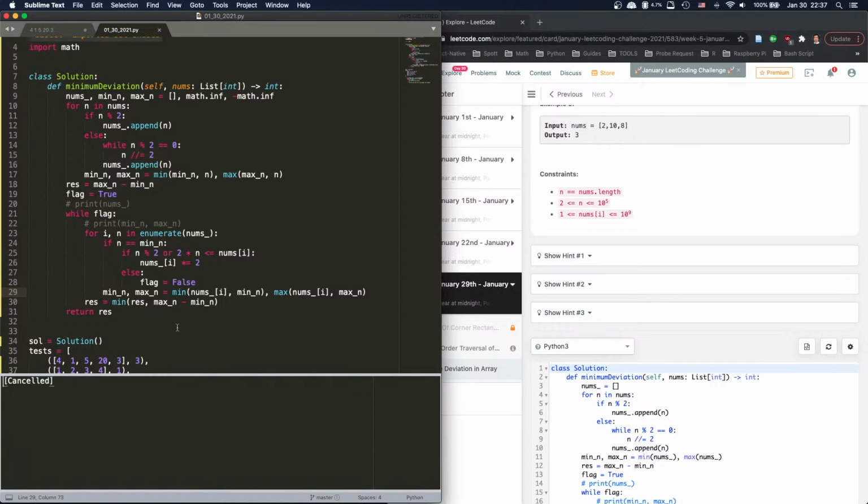We're going through them one by one, and we're trying to find a priority queue.